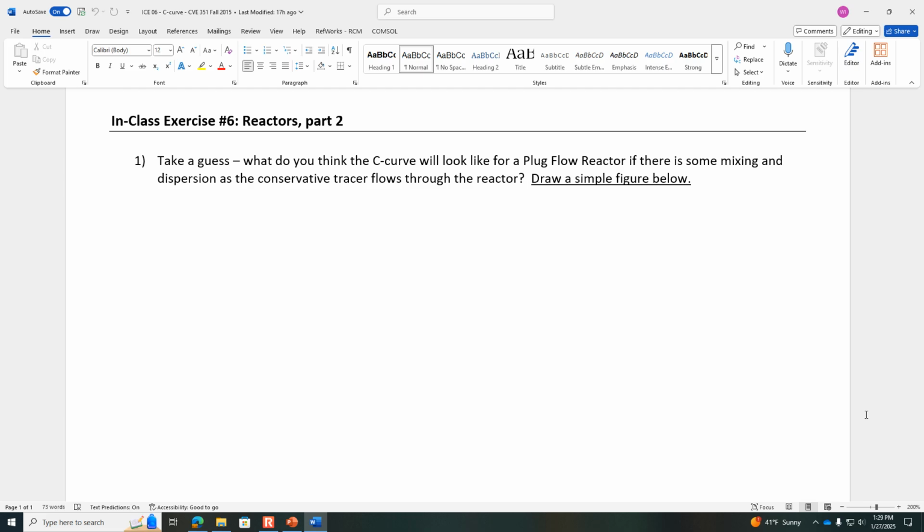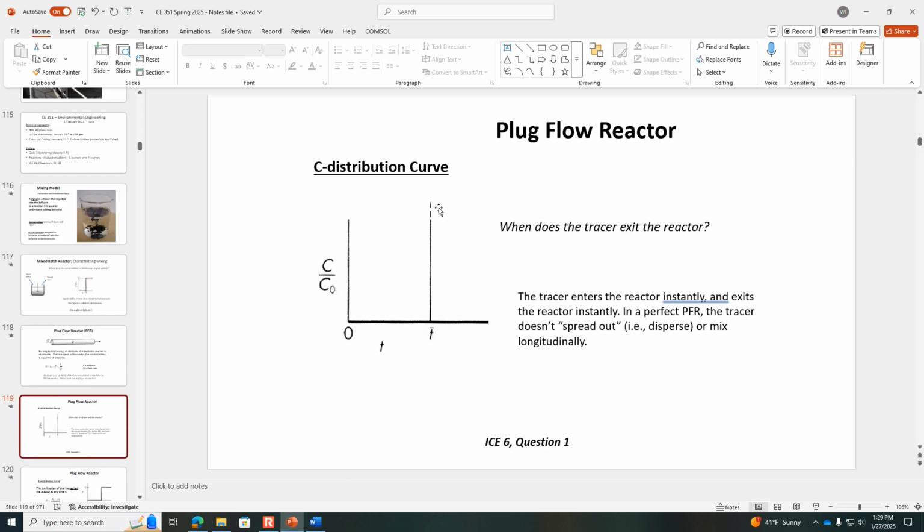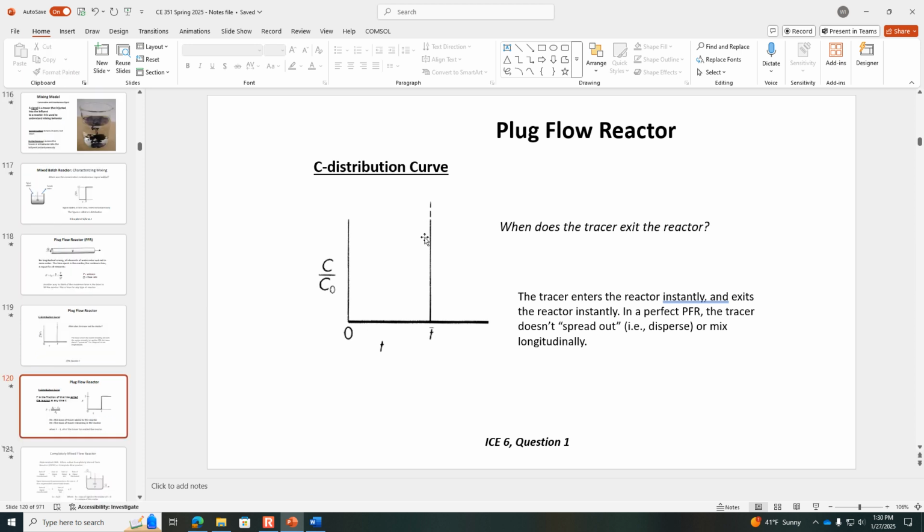A plug flow reactor with some mixing and dispersion. Ideally it would look like this, where it all comes out at once. But instead of coming out all at once, it mixed a little bit. So what would the C curve look like?